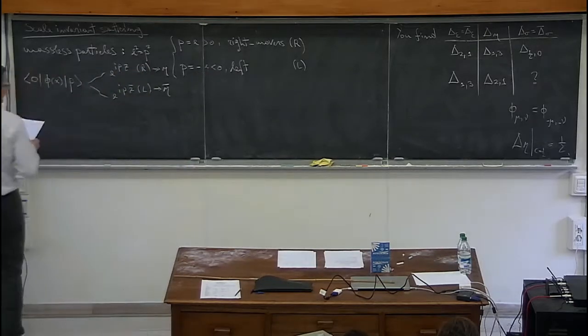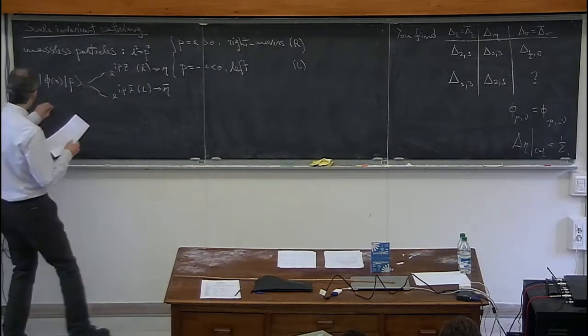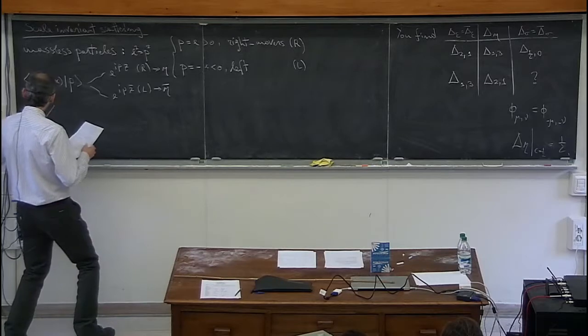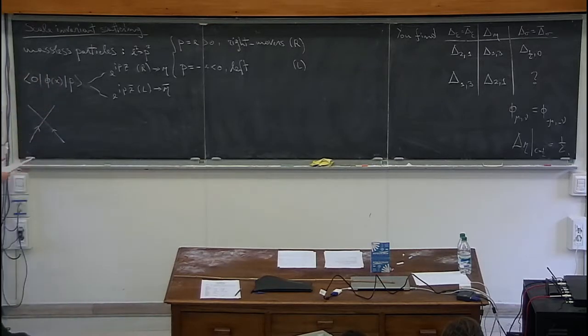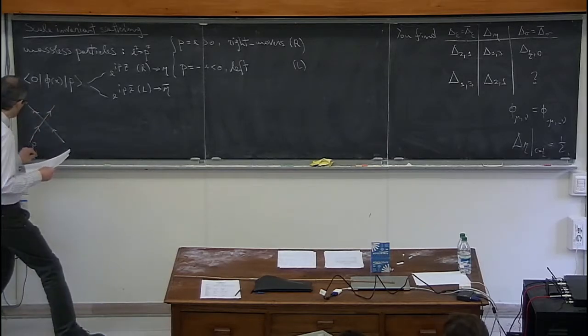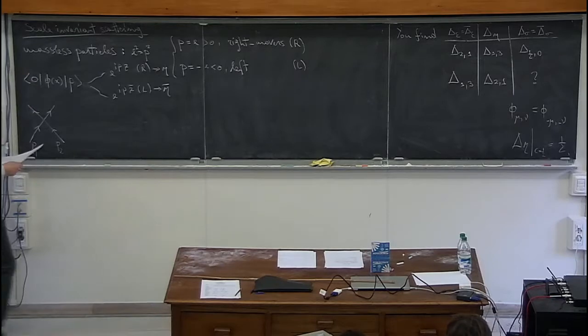Then, the picture we now have for this scattering is the following. So we have a right mover and a left mover with momenta P1 and P2. So I repeat this right, left. So I don't consider the particle species for the time being.